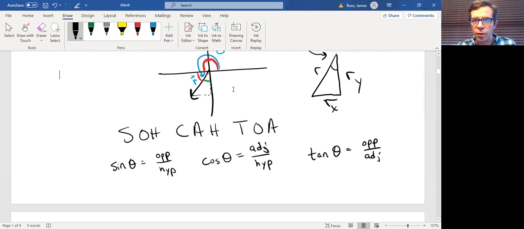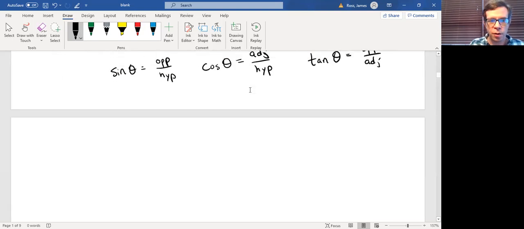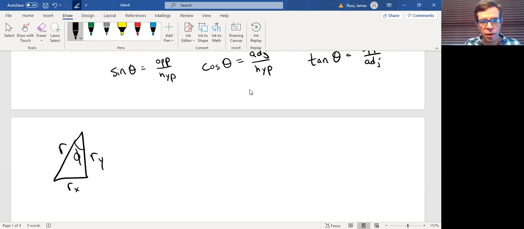So what that means for our example here, let me just draw it again on the next page. Say we wanted to find the length of Rx and Ry for this angle. I'm going to call it phi since I called theta something different earlier.